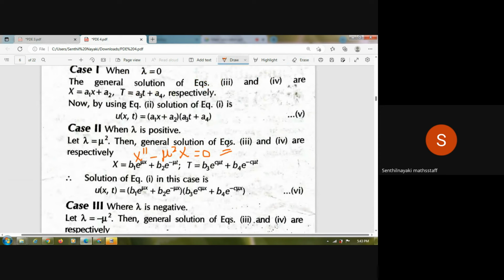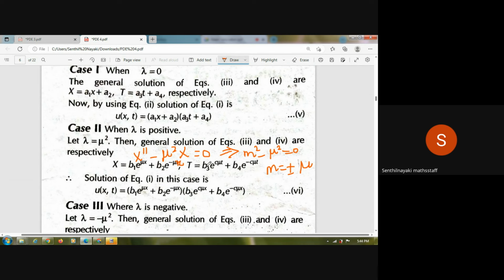If we find the auxiliary equation, then we have m square minus mu square equal to 0, so m equal to plus or minus mu. Then the solution for this is X equal to b1 e power mu x plus b2 e power minus mu x.